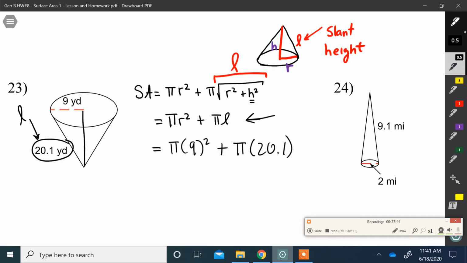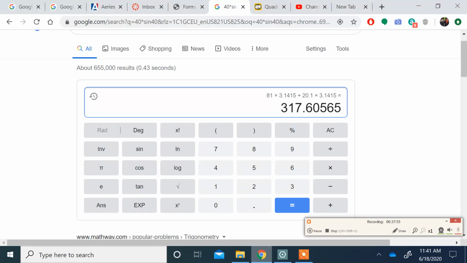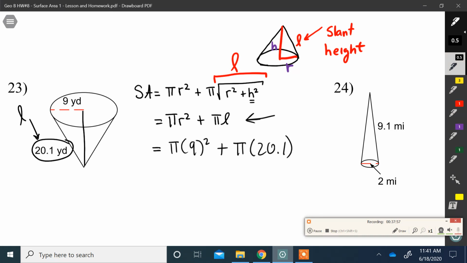Unless I'm doing something wrong here. Well, I'm getting something else on my end here. I think that formula is wrong. Hold on.